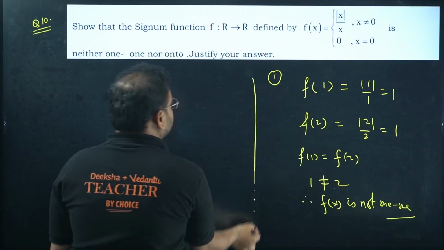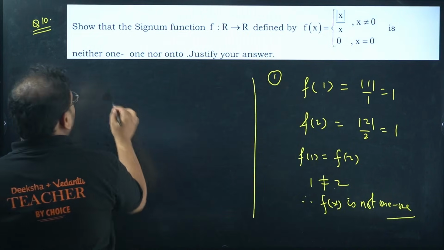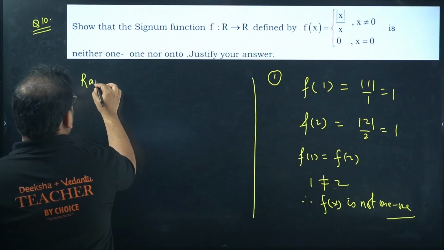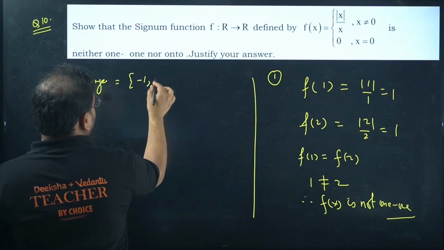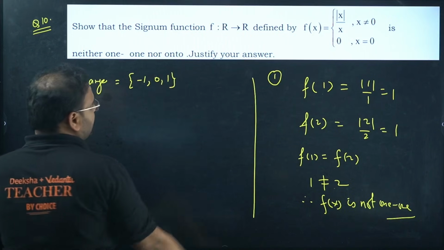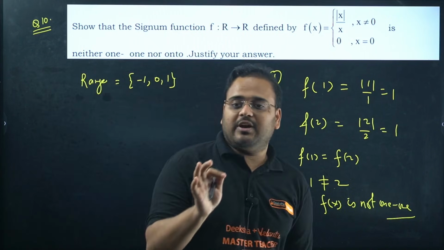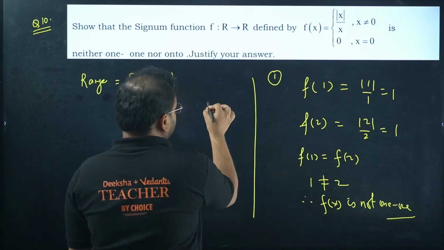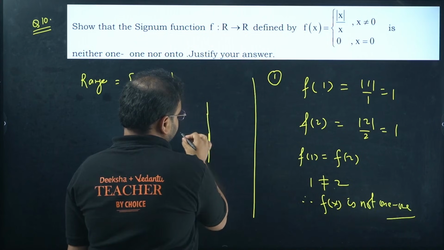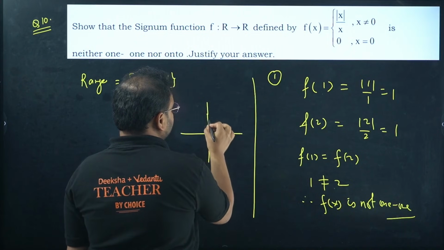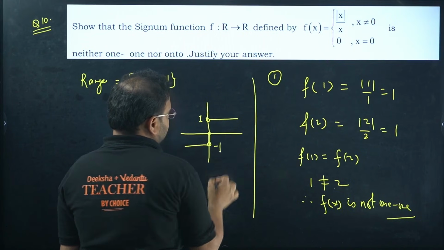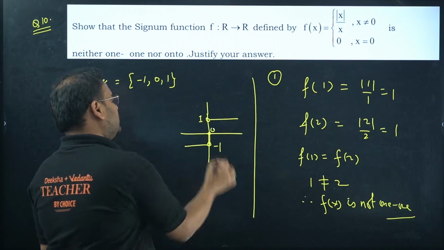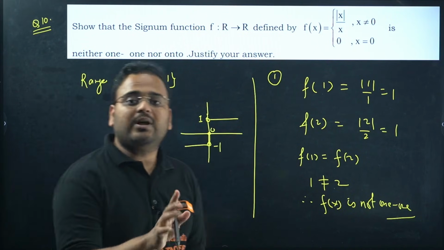What about the onto function? Same thing. Check your range now. The range of this function is only 3 values, minus 1, 0 and 1, because if you draw the graph of the signum function, this is it. Here we have a big dot, open, open. This is 1, this is minus 1, and this is 0. So the range is only minus 1, 0, and 1.